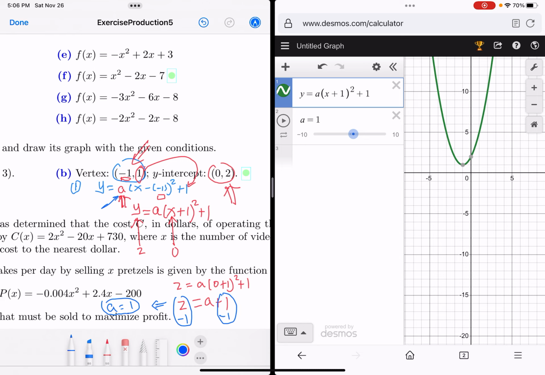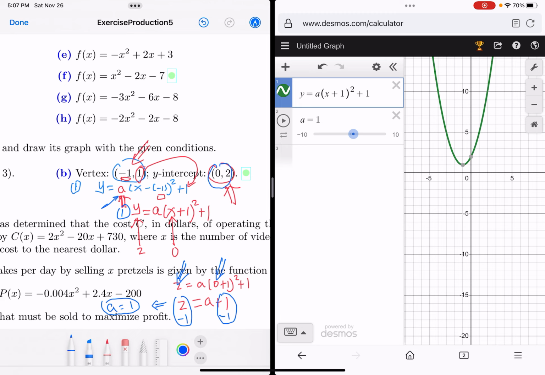You need to first write down the equation and then plug in the values. Here, this value 0 for x, and this value 2 for y. 0, 2 comes here.